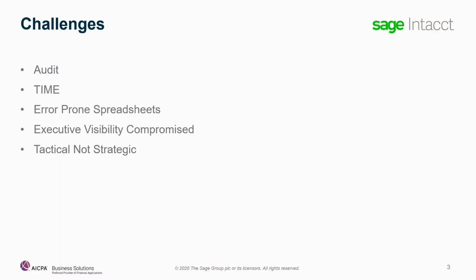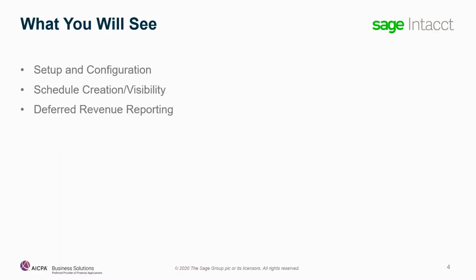So when we talked to them about our solution, we talked about the fact that not only do we have a revenue management solution, but we have two solutions. So today, what we're looking at is the more traditional way of managing revenue through order entry.